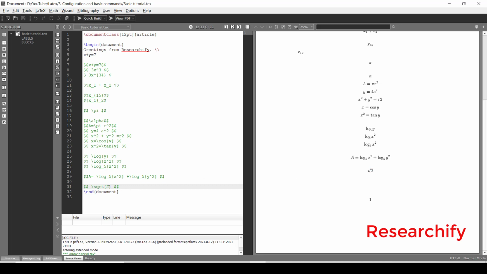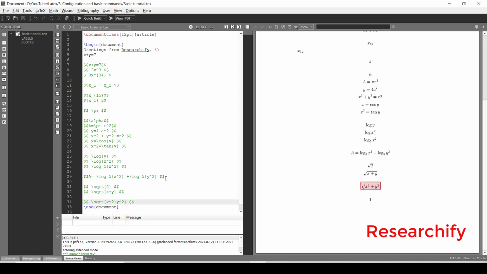If you want to take the root of x plus y, just write x plus y, and here you will see the root of x plus y. If you want x square plus y square under the root, just write x square plus y square.